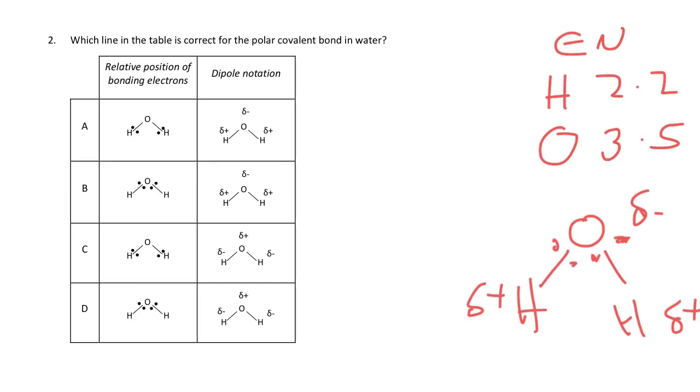So again, we just need to match this up now. So one with the electrons closer to oxygen, it's B or D. We also need a positive dipole at hydrogen, negative at oxygen. So it's B will be the correct answer for this one.